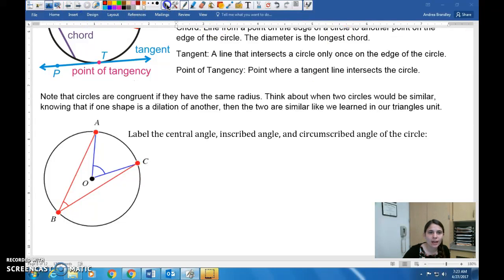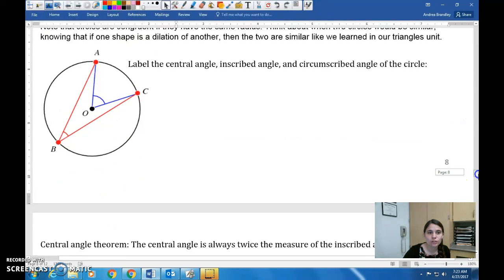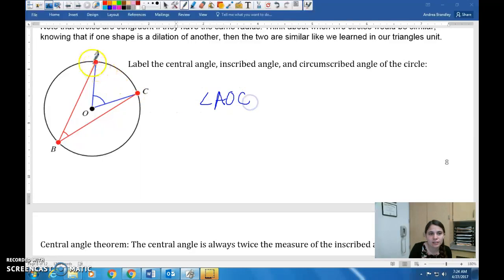I'm going to go ahead and now label some specific angles in a circle. So if we check out this circle, our blue angle, angle AOC, is what's called our central angle.